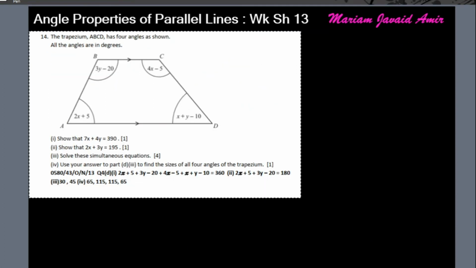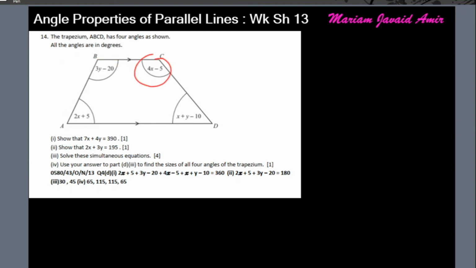Question number 14, part 1. Show this. We have to show this equation somehow. So we're given a trapezium and we know some properties of a trapezium. One of these properties is that since these are parallel lines and this line is cutting the two parallel lines, the sum of these two angles will be equal to 180.